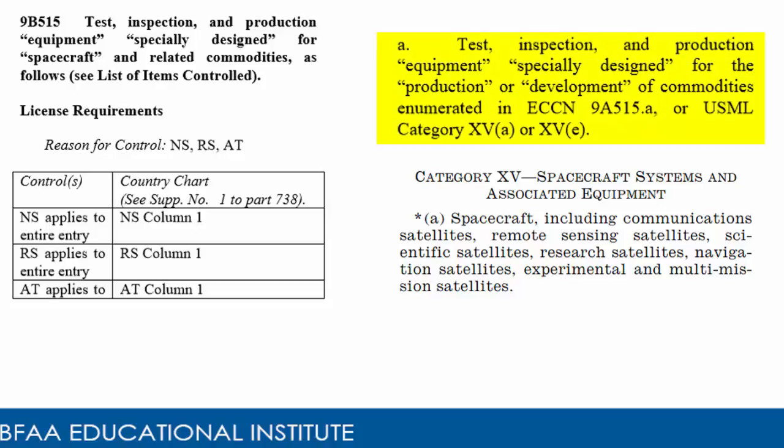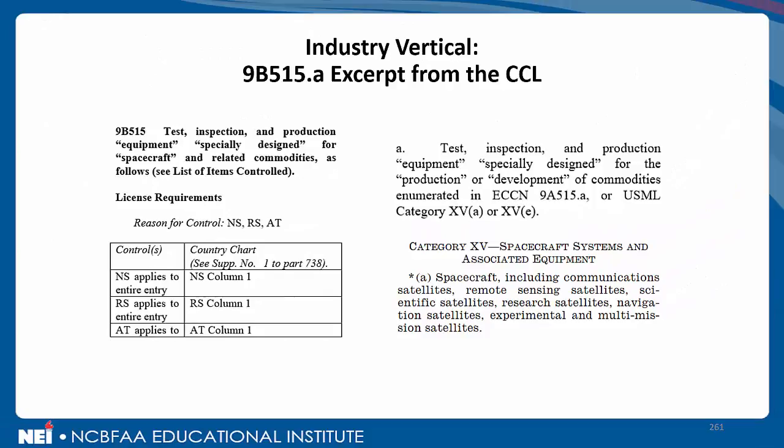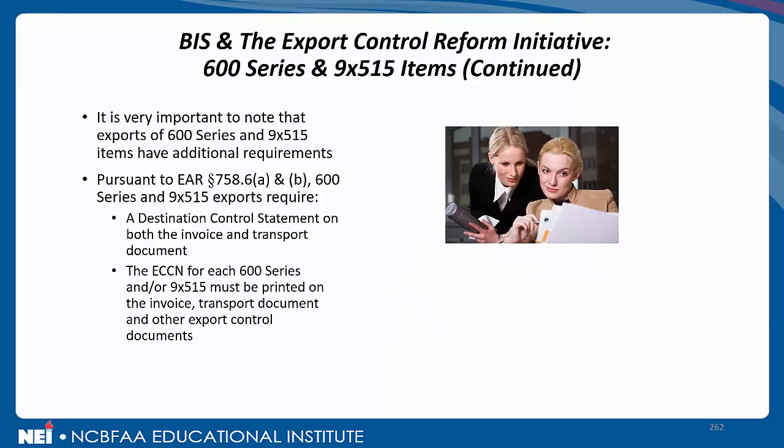Test, inspection, and production equipment specially designed for the production or development of commodities enumerated in ECCN 9A515.A or USML Category 15A. So there we have it, moving from ITAR, the USML, to the CCL, in this case, to 9B515.A.